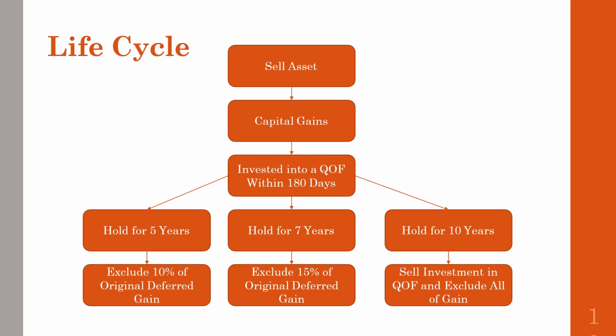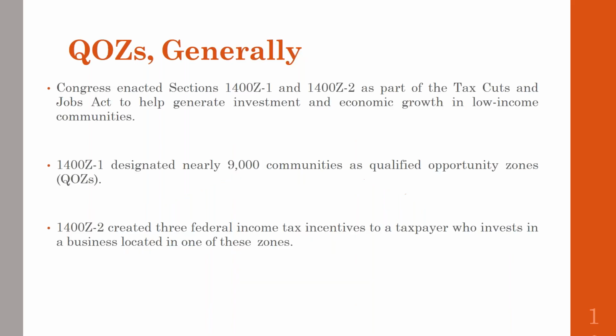And then finally, if I hold it for 10 years, when I sell the investment, I'm able to exclude all of the growth and the gain on that investment. So if you're looking at making an investment and holding it for a 10-year period at a minimum, that's where you're going to get the maximum benefit here for your qualified opportunity fund investment, assuming that the investment goes up, obviously, but that's true for every investment.